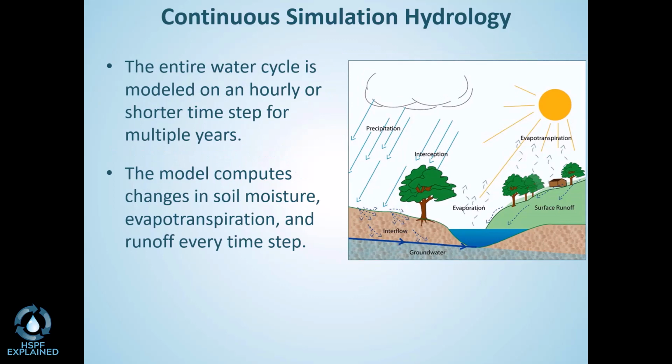So we model the entire water cycle on an hourly or shorter time step for multiple years. And we could do this for 5 years or 50 years. It all depends upon what we're trying to do and how much actual rainfall data we have as input. The model, every single time step, models the changes in our soil moisture, evapotranspiration, and runoff. So it tracks all this information all the time, everywhere.